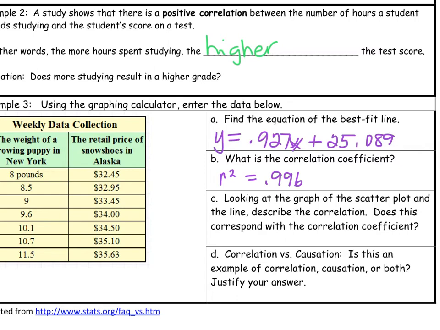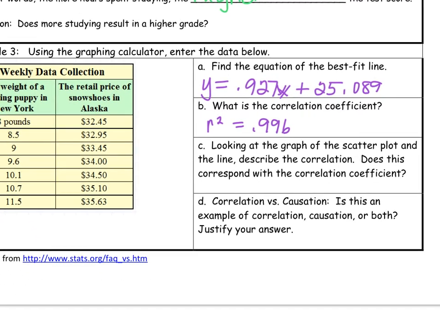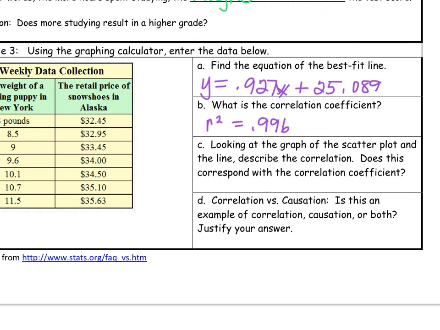So by looking at the correlation coefficient, that tells us that there is a strong positive correlation between the weight of a growing puppy in New York and the retail price of snowshoes in Alaska. Does it make sense? No, but according to this data, and according to our correlation coefficient, there's a strong positive correlation.